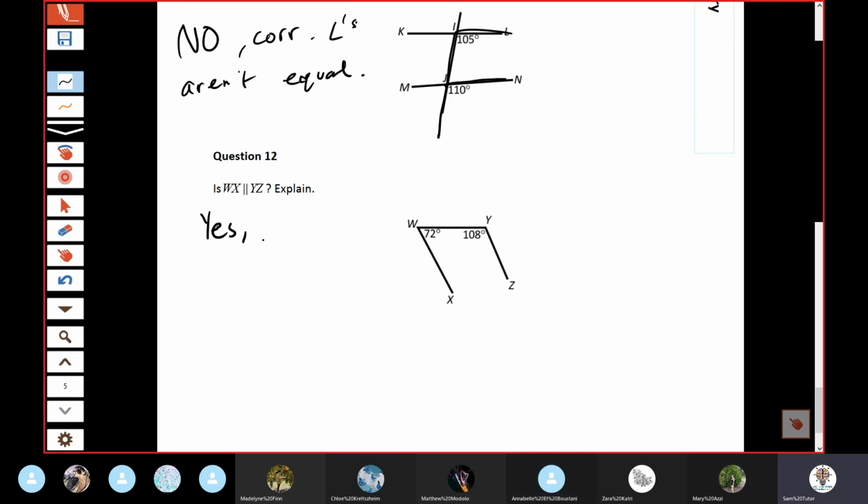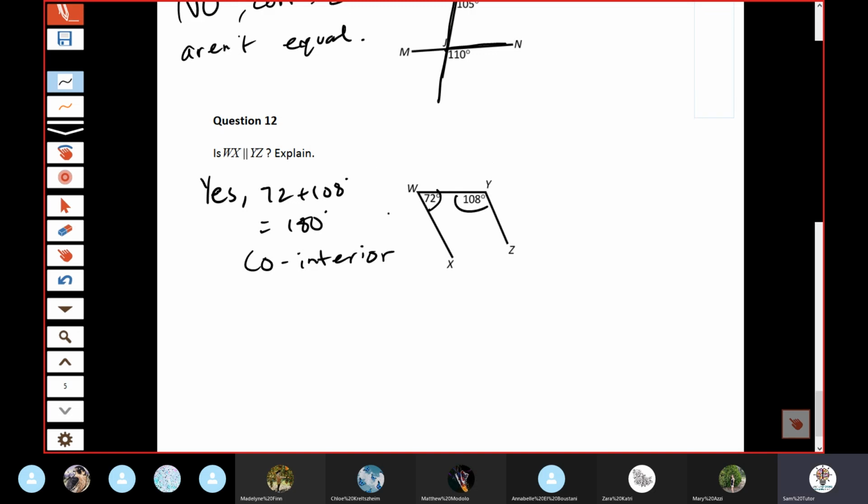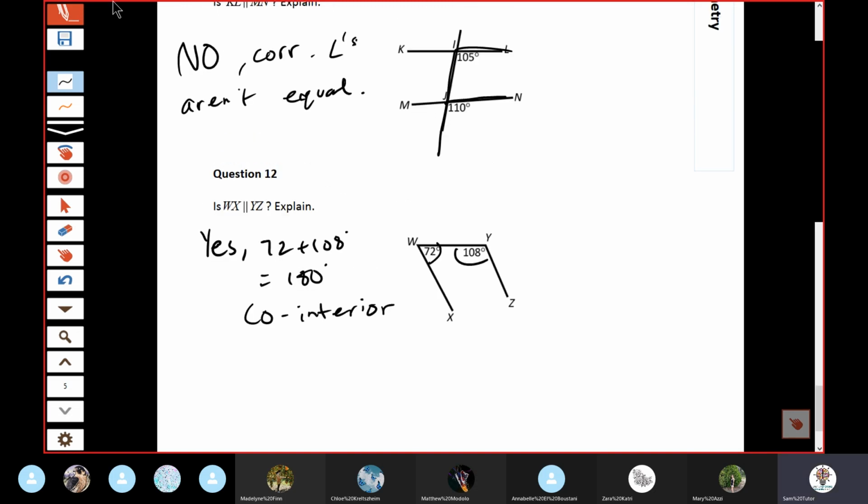And the reason being, 108 plus 72 is equal to 180, which is the sum of the co-interior angles. Yeah, co-interior angles. We need to see pretty much that word. Good work. So these add up to 180, which means they're co-interior. Okay, let's leave that.